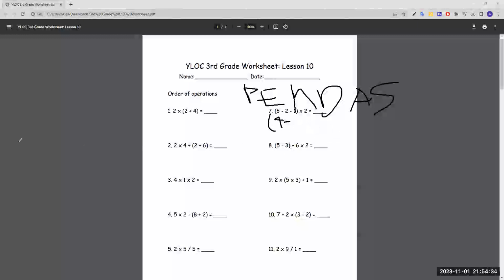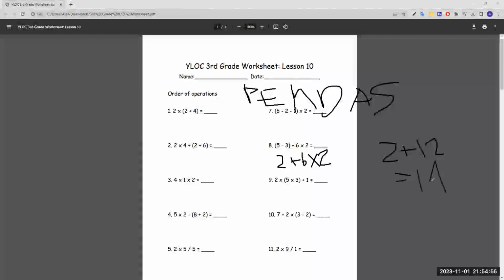Number eight, parentheses 5 minus 3 plus 6 times 2. We would multiply here in this scenario, so that'd be 12. Oh, wait, I'm sorry. We would do the parentheses first. So that'd be 2 plus 6 times 2. And now we would multiply, so it'd be 2 plus 12.